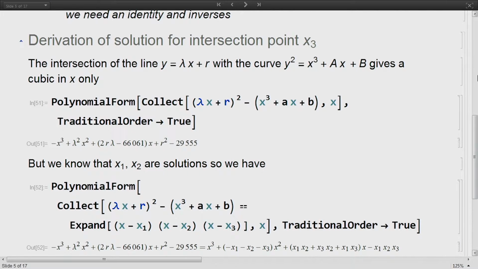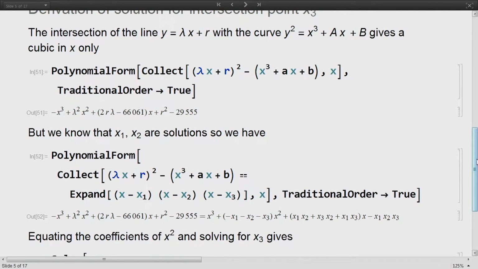Okay. So letting the computer do the algebra simply, I can find the equation that matches those two. It's a cubic in x, and then equate that to the factored form where I already know two solutions, the 2 points I started with.